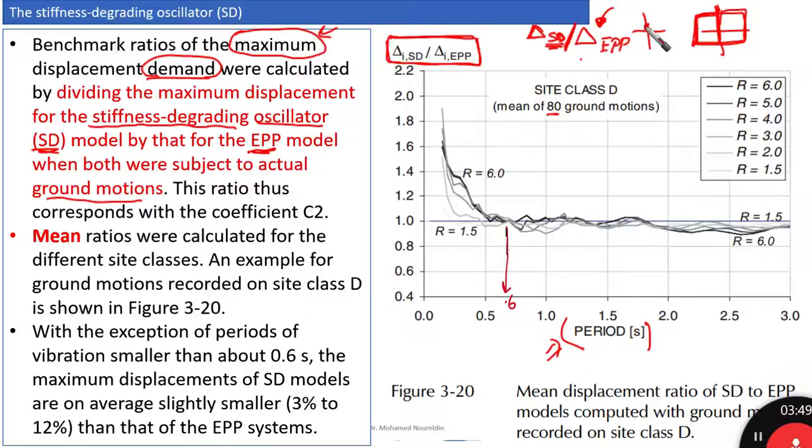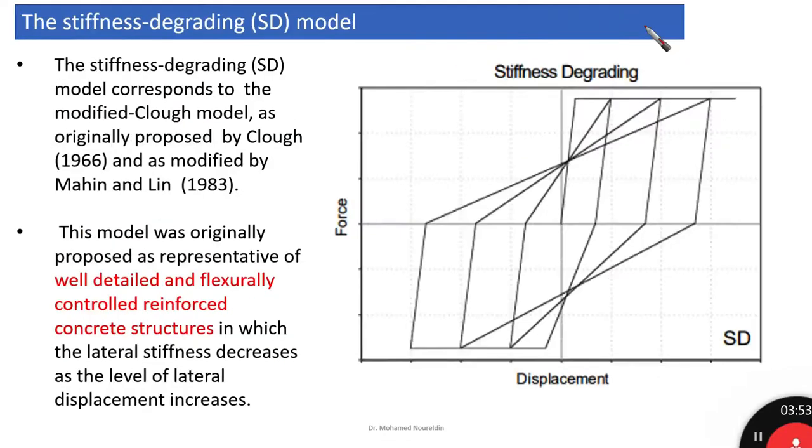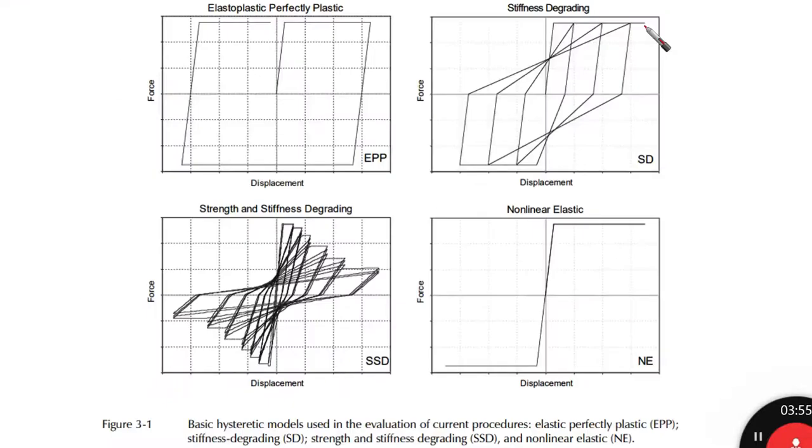For those who didn't see the previous lectures, I have mentioned them before here. Yes, these are the four types that I have spoken about. This is the stiffness degrading system, and this is the EPP model. So this is the hysteretic model, and we are comparing now between the two.